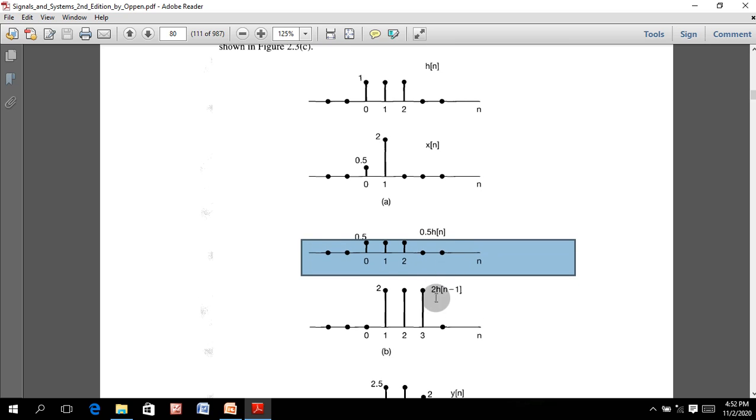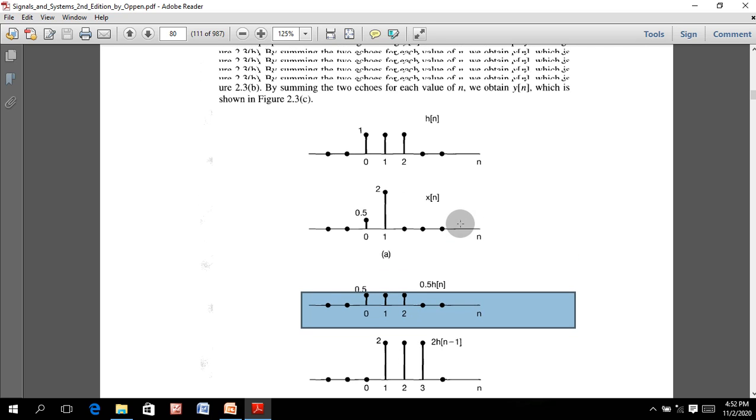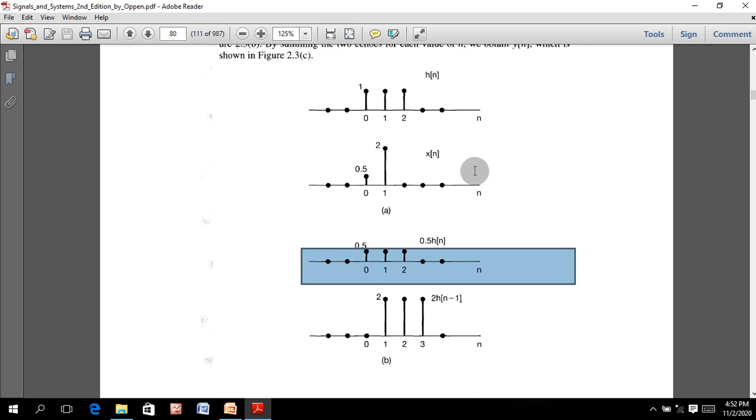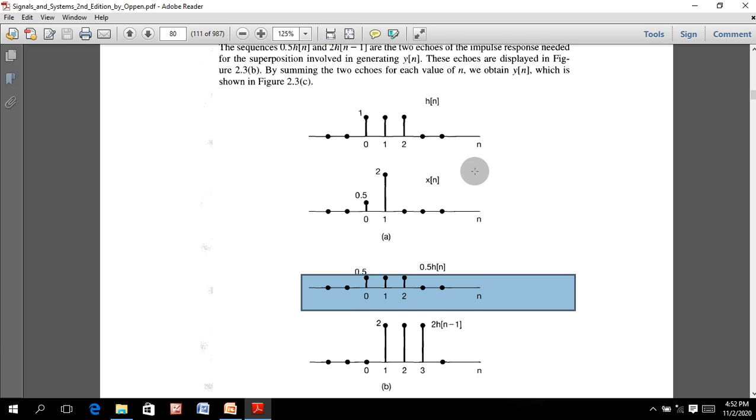As we have multiplied with 2 we will get this. As we multiplied h of n with 2 we will get this. As we know h of n, now we are taking it as h of n minus 1, so the signal will be delayed, and we will get this specific signal. When we multiply h of n minus 1 with 2 we will get this specific signal.